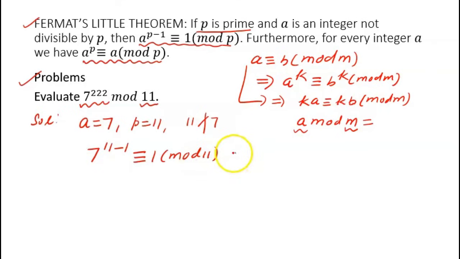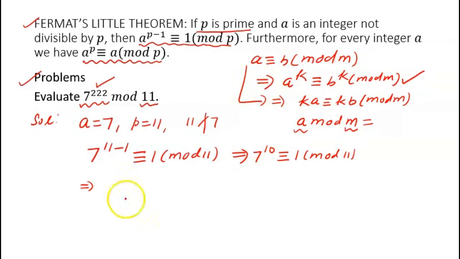And this can be seen as 7 to the power 10 is congruent to 1 mod 11. Now I want 7 to the power 222, and we have 7 to the power 10, and we also know this result. So using this result here, I hope you will agree if I take the 22nd power of 7 to the power 10 and 1 both, right?